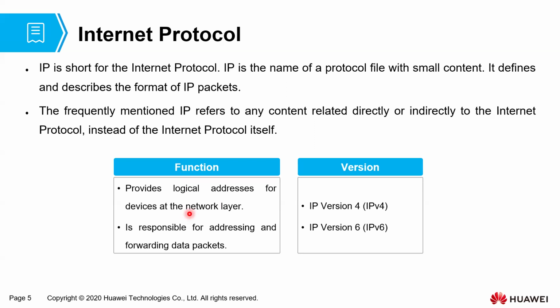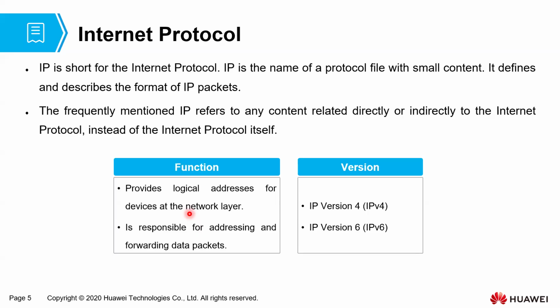We have two versions, version 4 and version 6. IP is the most important protocol at layer 3, mainly responsible for identifying devices in a network. It's also used when we are routing, trying to find the best path through the network to the destination.